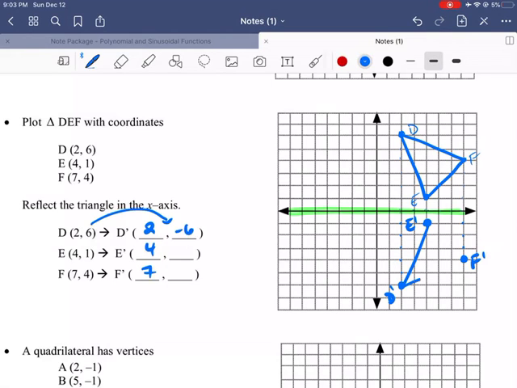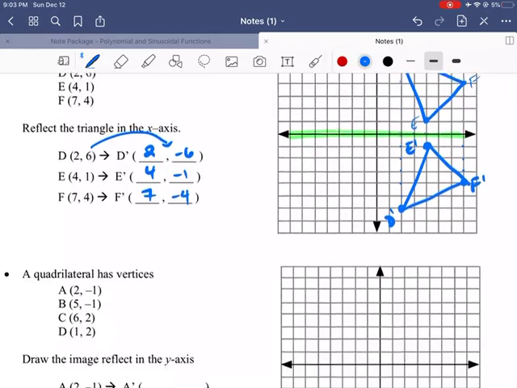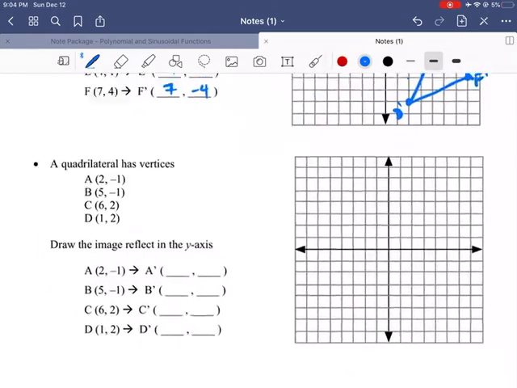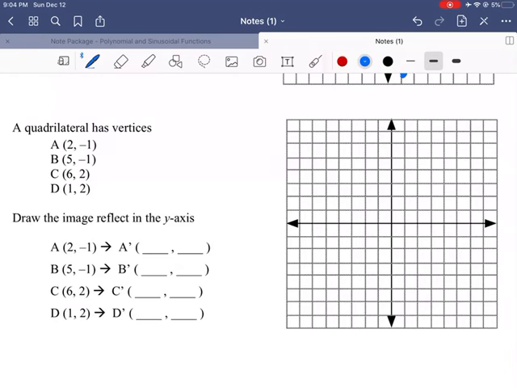And you can go ahead and connect those ones. So -1 and -4. All right, a quadrilateral has these 4 vertices, so pause the video, plot those points, and then click play and see how you do. So we've got A at 2, -1.